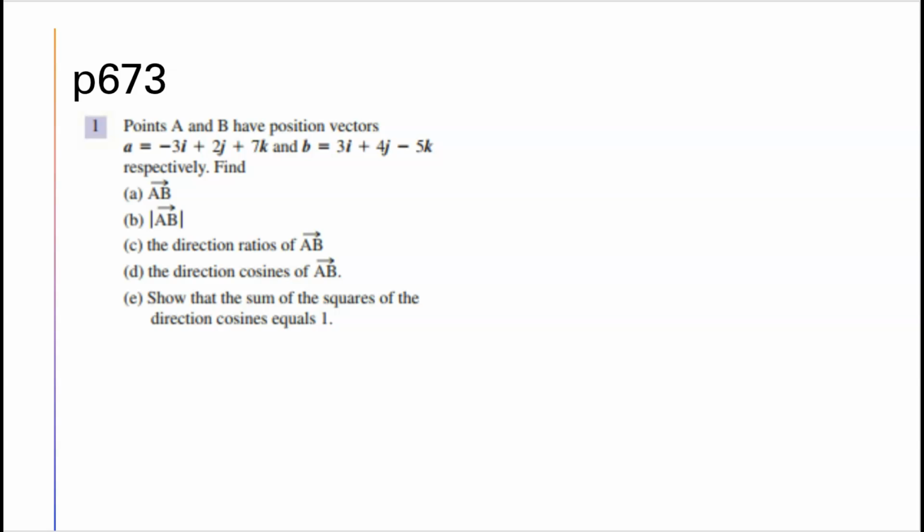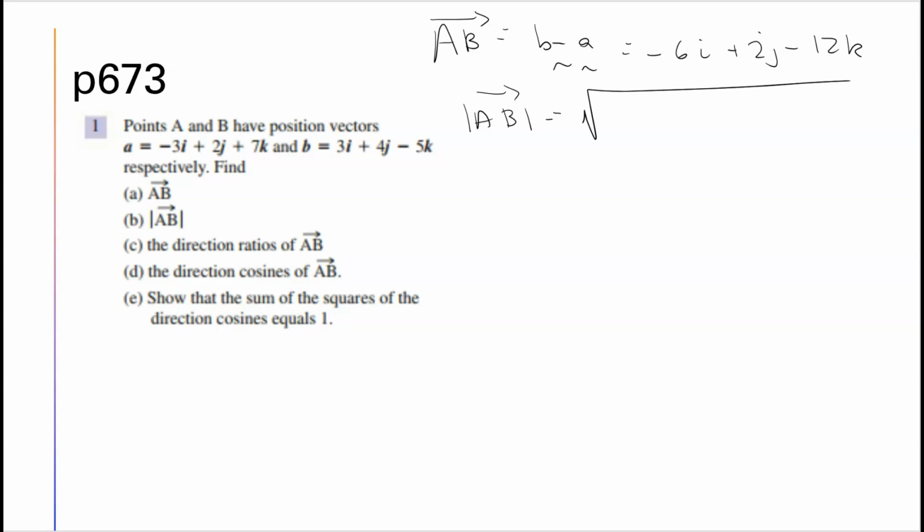As an example of that, we can find this now in 3 dimensions. So the length AB is going to be B minus A. So that would be -6 plus 2 minus 12. So the length of that is going to be the square root of 6 squared plus 2 squared plus 12 squared.